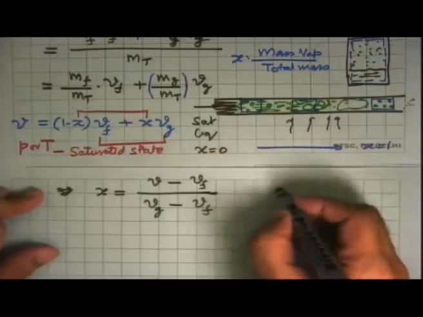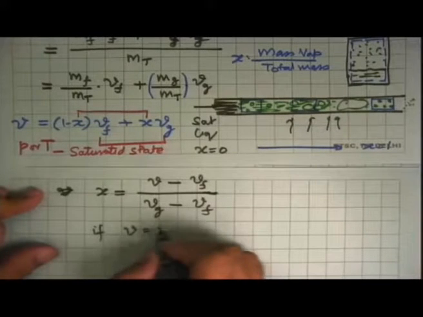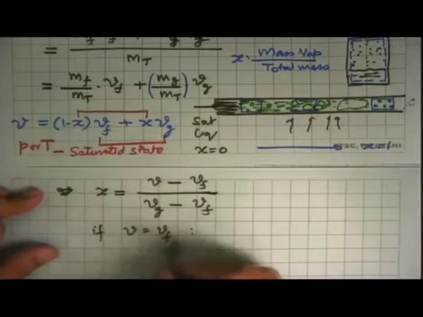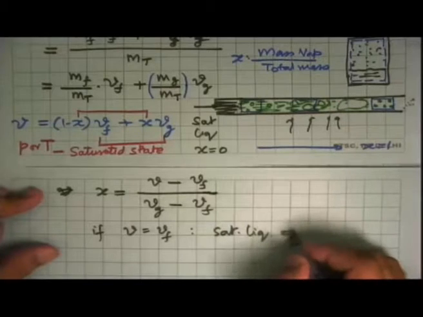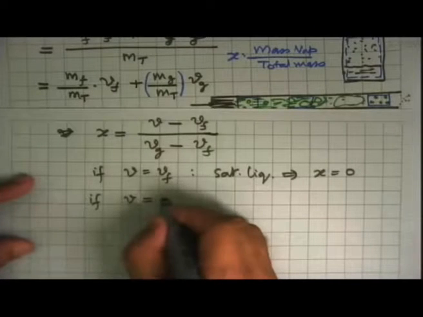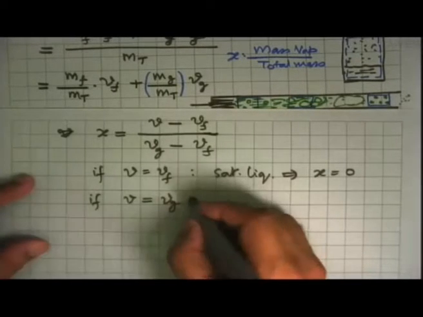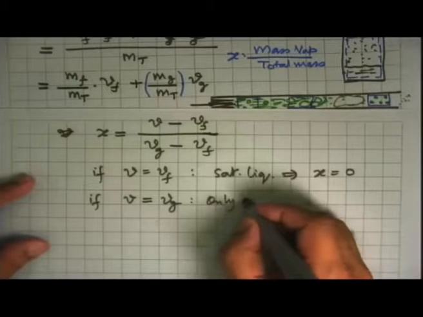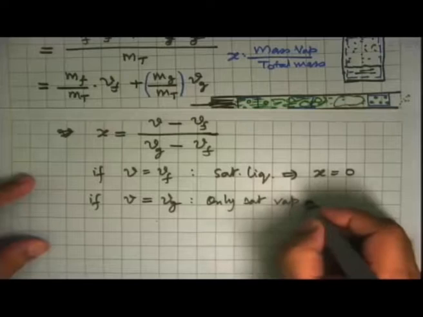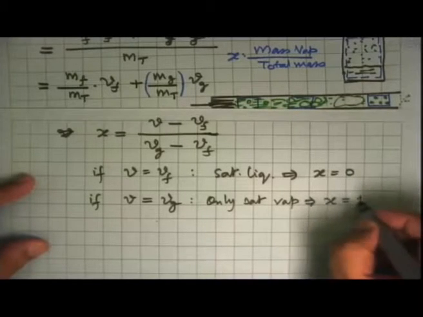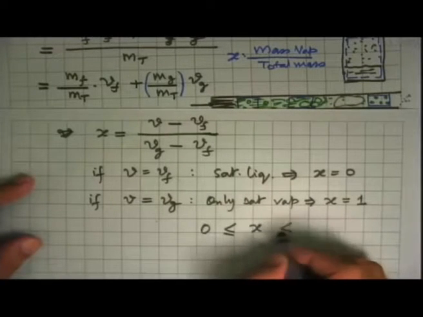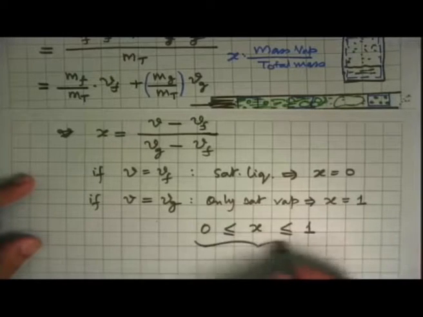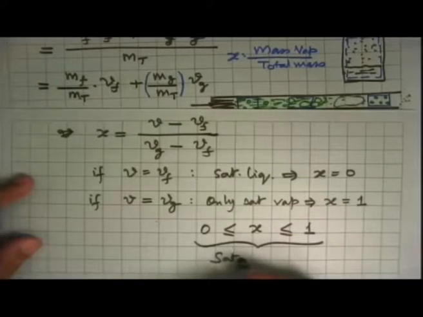And what it tells us is that if V is equal to Vf, that means the entire volume is occupied by the saturated liquid state, then x is equal to 0. And if V is equal to Vg, that means there is only saturated vapor, then x is equal to 1. In all applications, x will take a value between these two, and all these are defined only if we have a saturated state.